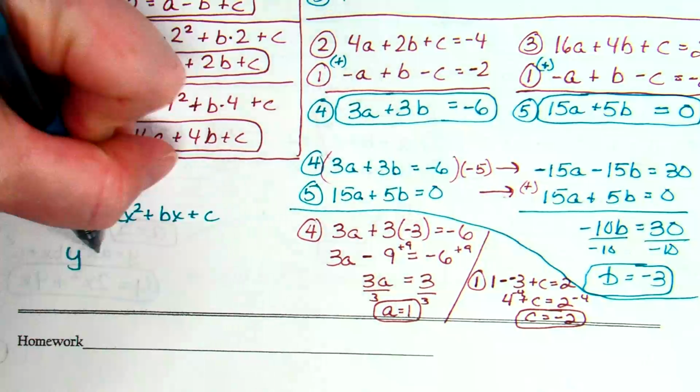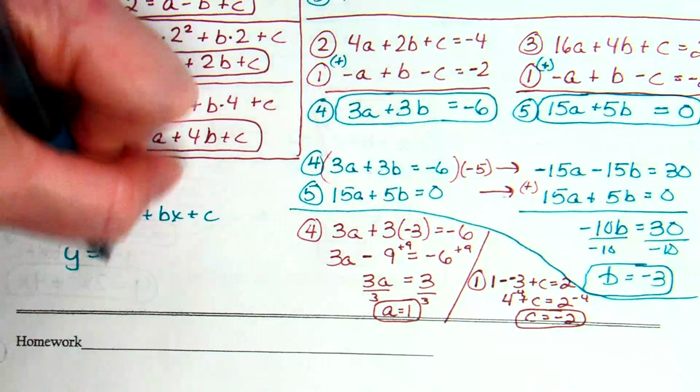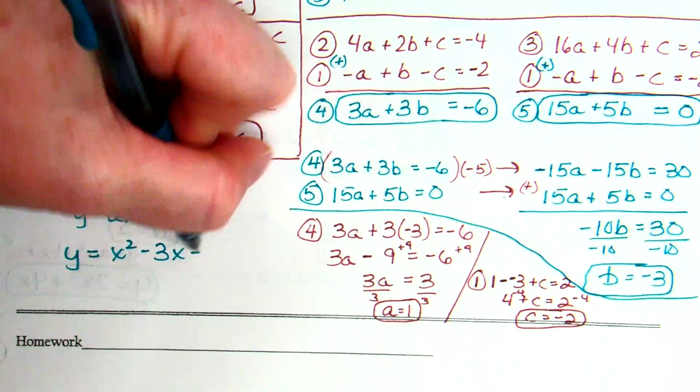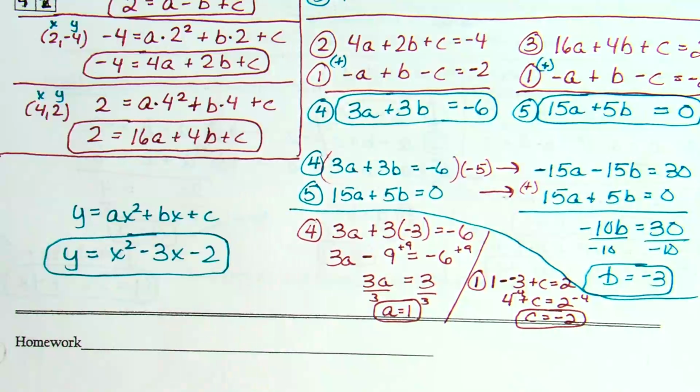Y equals 1x squared, so x squared minus 3x minus 2. The idea, guys, if we were to graph that equation, all 3 of those ordered pairs that we were given would lie on that parabola.